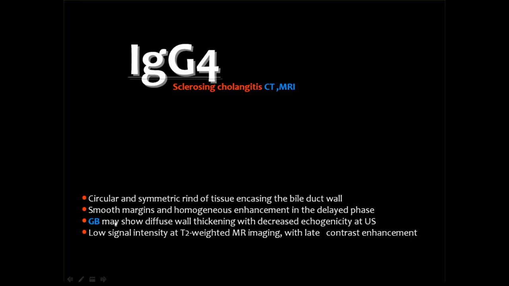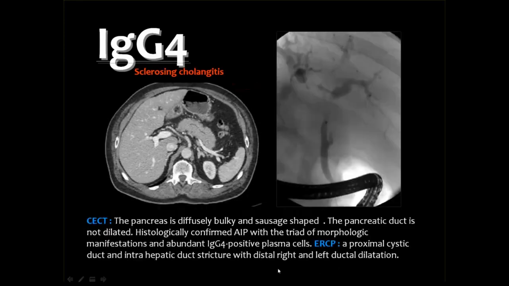Also the gallbladder can be involved by this disease, and at that time you will get a significant thickening of the gallbladder wall with hypoechogenicity at ultrasound and low signal intensity on T2 weighted image because of the presence of fibrosis with late post-contrast enhancement.